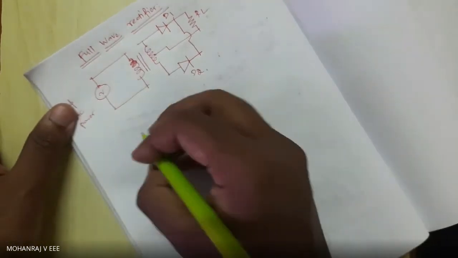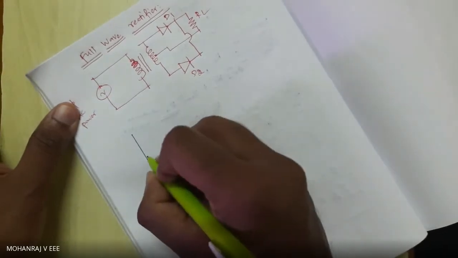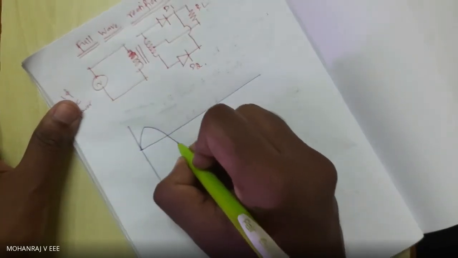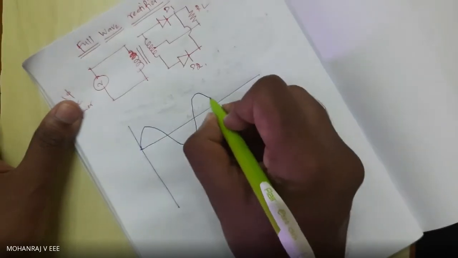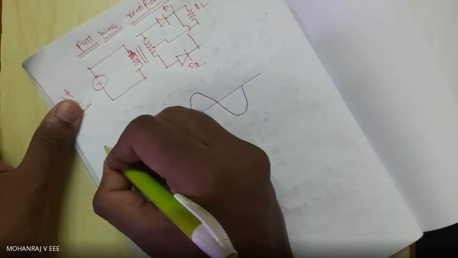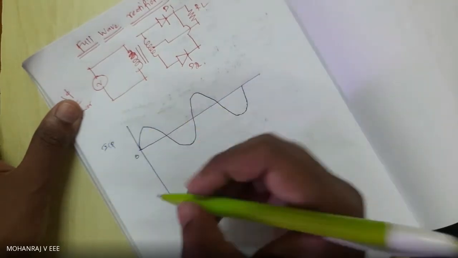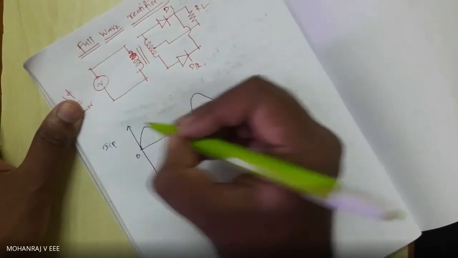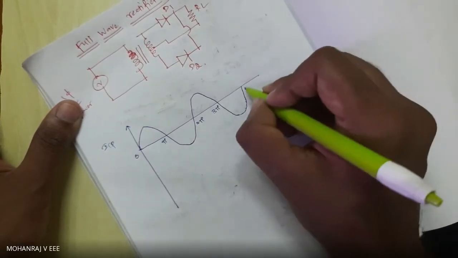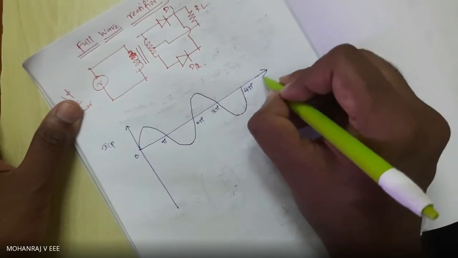The input waveform is AC. As we know, the input is AC, so on till infinity. So this is 0, this is pi, this is 2 pi, 3 pi, and then we have 4 pi till infinity.